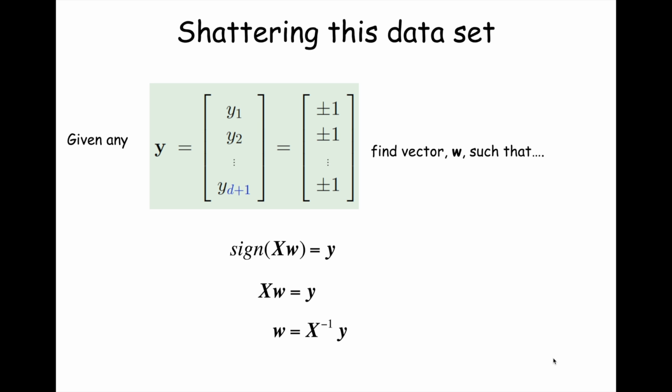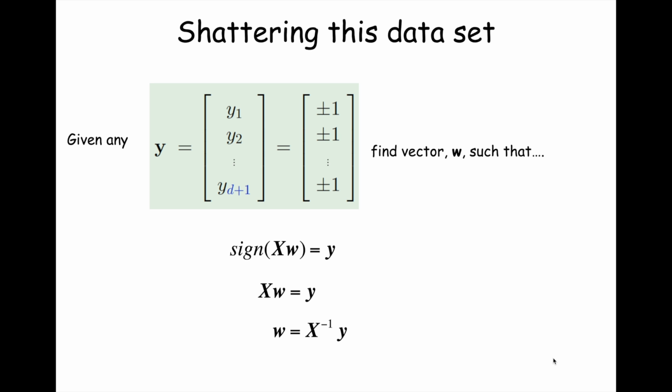And so if I set XW equal to Y, certainly if each position of XW is positive and exactly matches Y, then the sign of it will also match the label of Y, right?